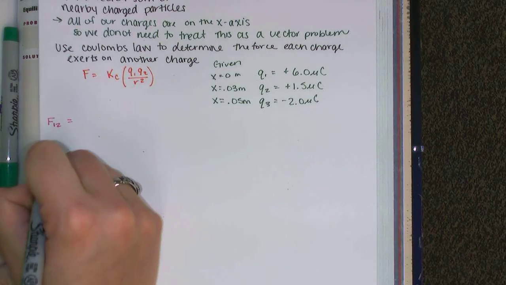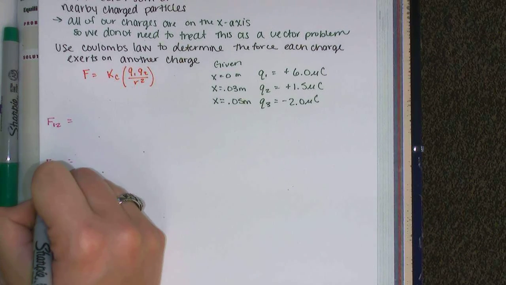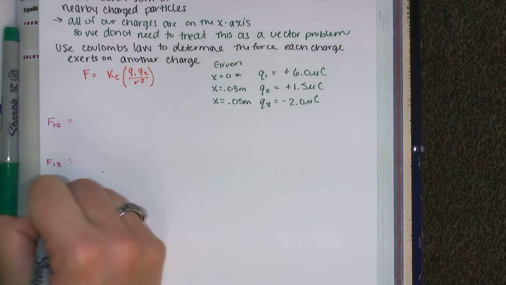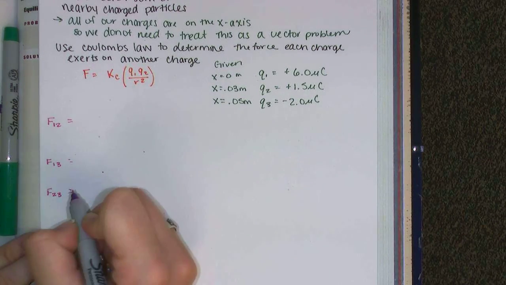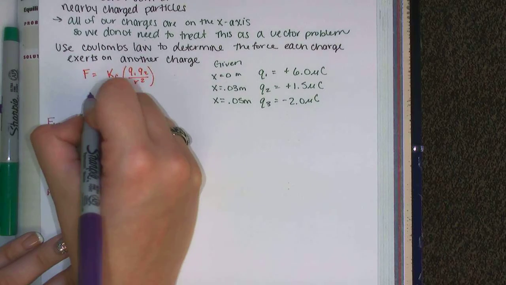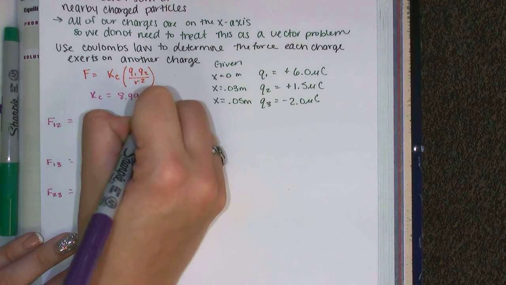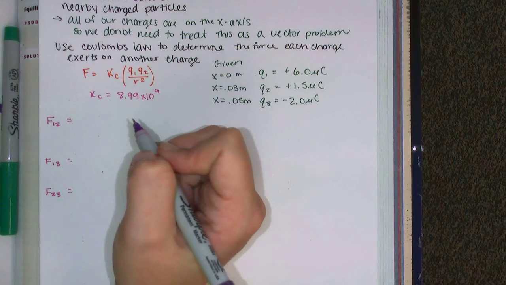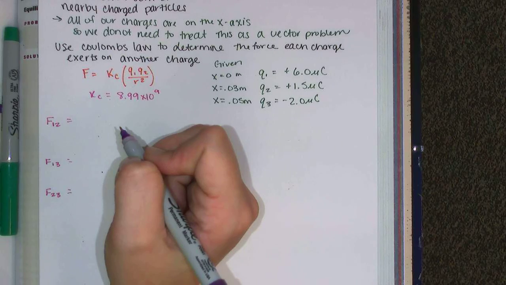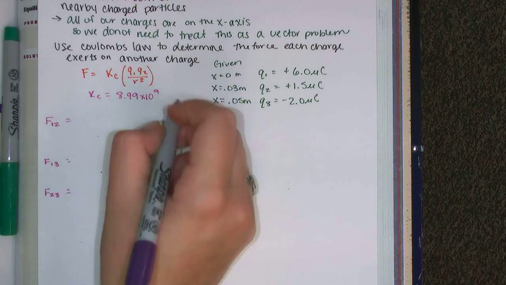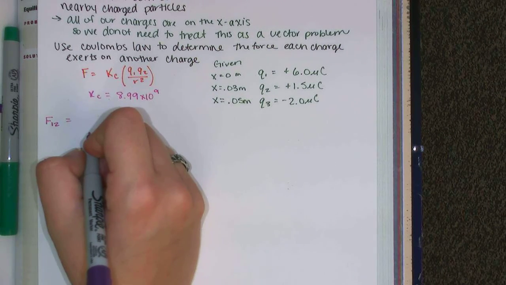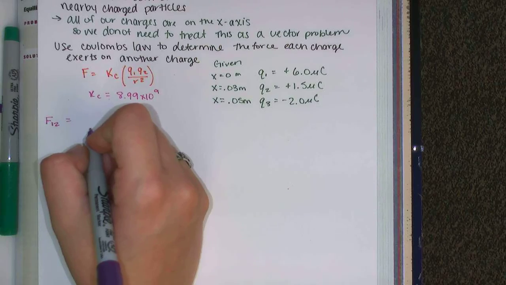I want F of 1, 3. And I want F of 2, 3. So remember the Coulomb constant is 8.99 times 10 to the 9th. Okay, and it's got units on it. For the sake of space, I'm not going to write all the units in, but if you wanted to write your units in to check and make sure everything's canceling out, you can.